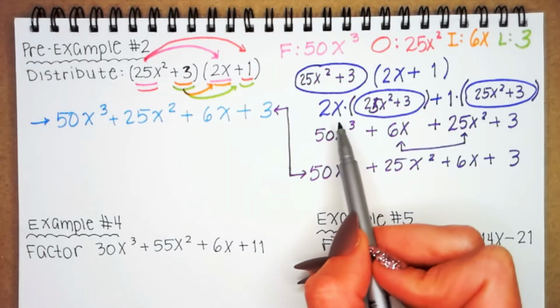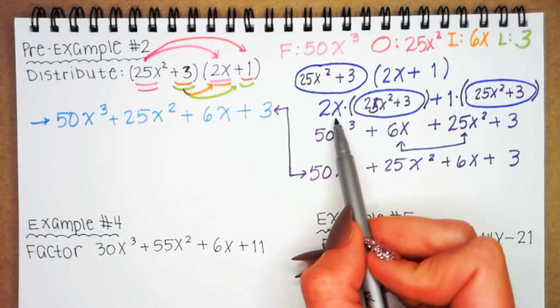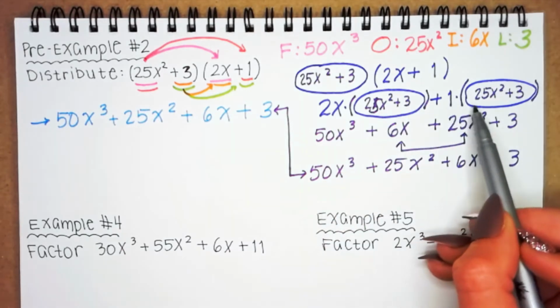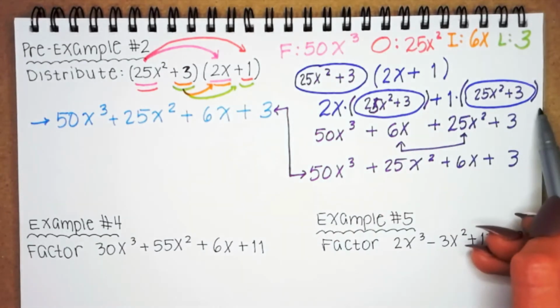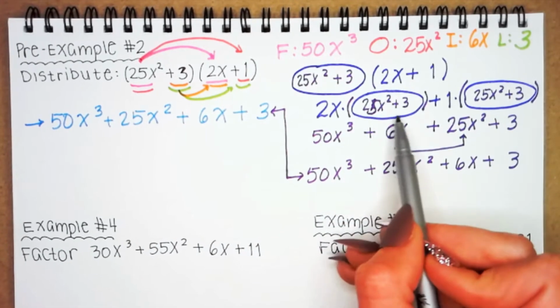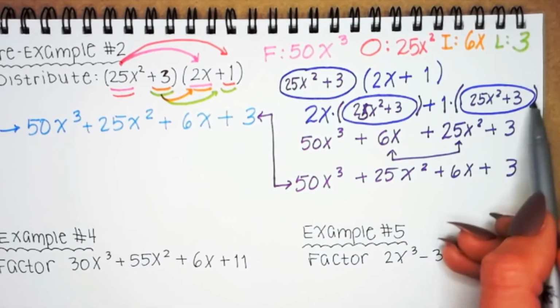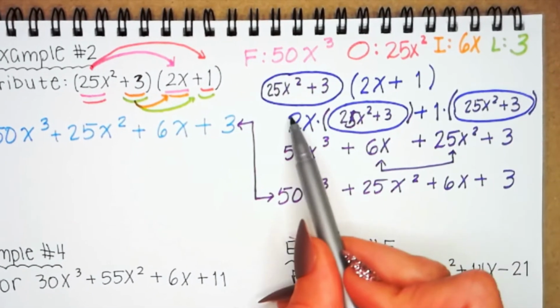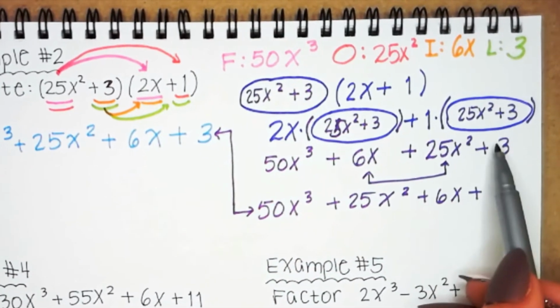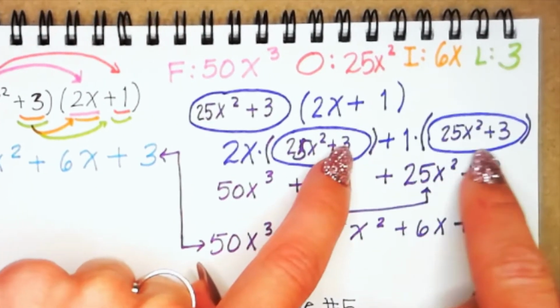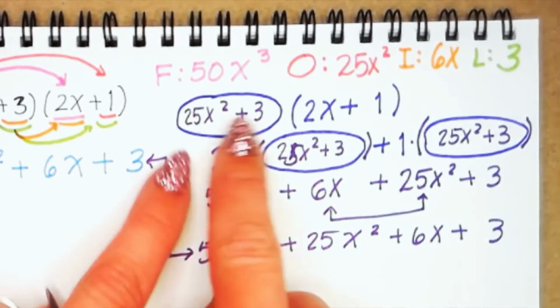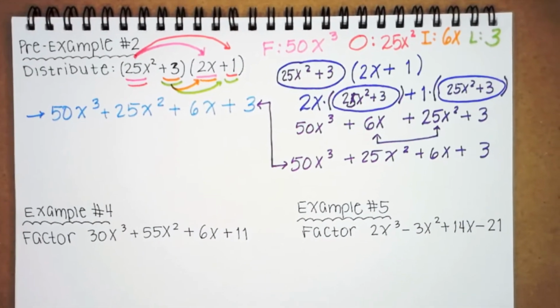What this shows us is that we can factor a greatest common factor out of the first two terms and the last two terms. Then we would end up with an entire quantity that matches in the first half of the problem and the second half of the problem, and then I could just take that big expression and really factor that whole thing out front the way I would normally factor a 2 out front.